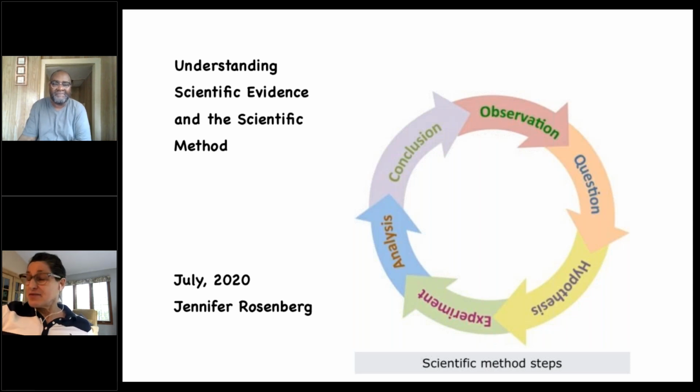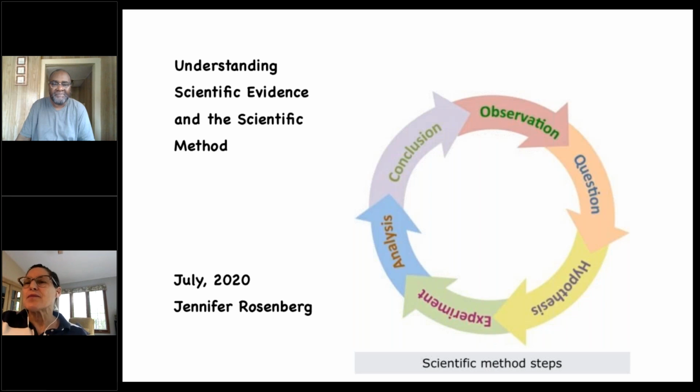Okay, so today we're going to talk about understanding scientific evidence and the scientific method, and this picture on the front page shows you start with observation, and then you follow the arrow down.